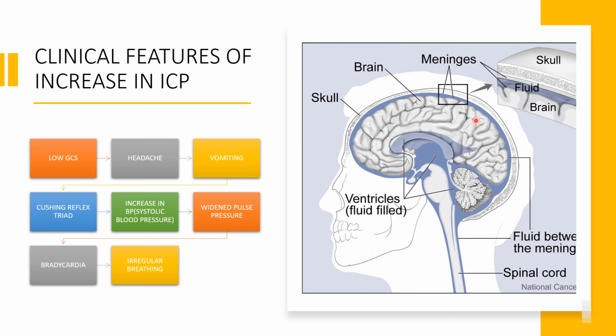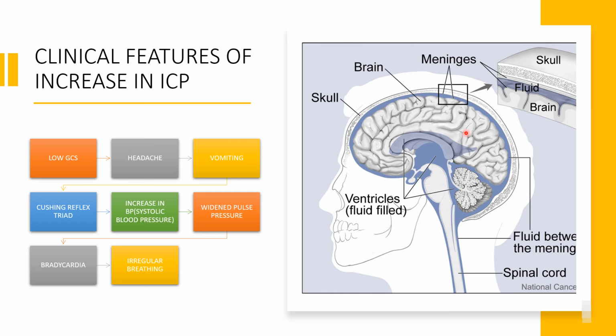So the brain is saying, I am not getting enough blood to perfuse the brain cells. At that time the hypothalamus activates the sympathetic nervous system, and this sympathetic drive goes to the adrenergic receptors in the blood vessels.